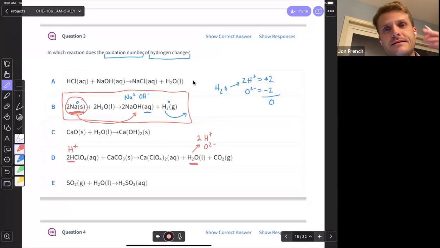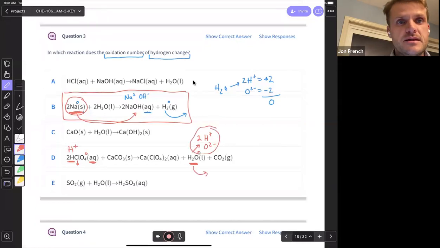And when I said solids, liquids, and gases need to be neutral, it's the whole compound. So all of water needs to be neutral. All of this acid needs to be neutral. That being said, it's aqueous, so we can split it into ions and say the hydrogen's +1, the chloride's -1, just like we can split apart this water to assign those charges. So that's why D can't be the answer.